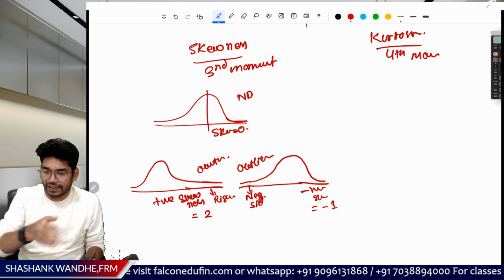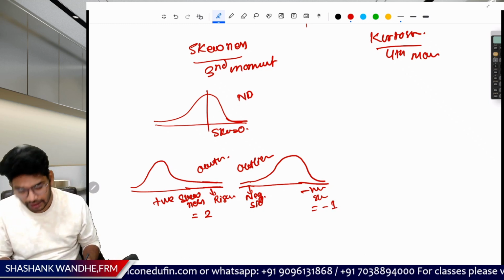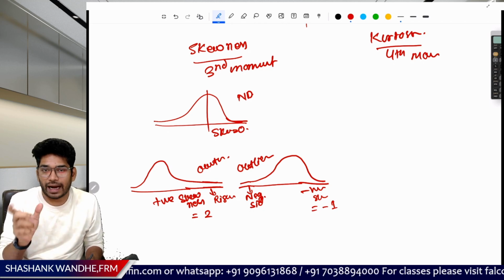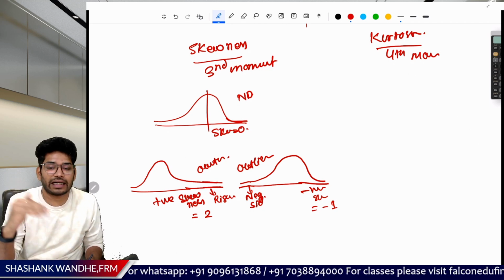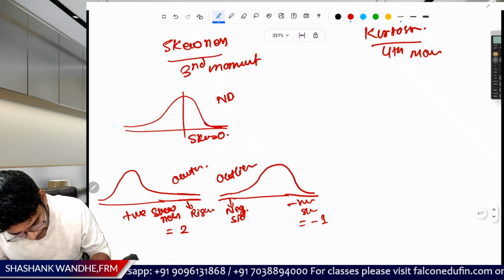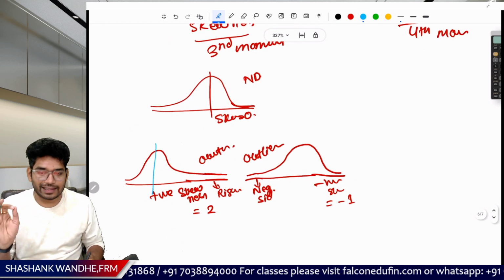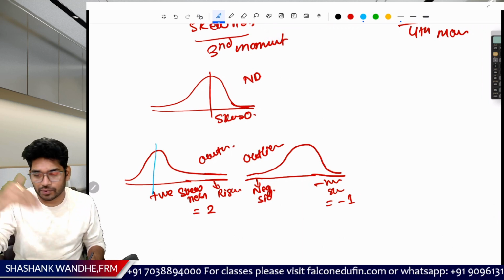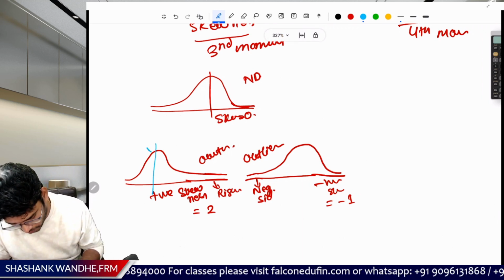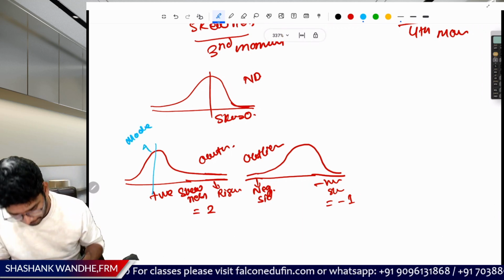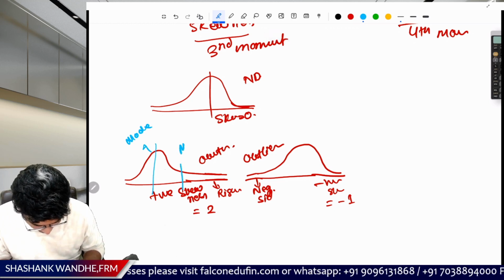For the exam, you must remember the impact of skewness on mean, mode and median. If the data is positively skewed, this is the mode, obviously from the distribution we can understand the mode, and this is the mean.